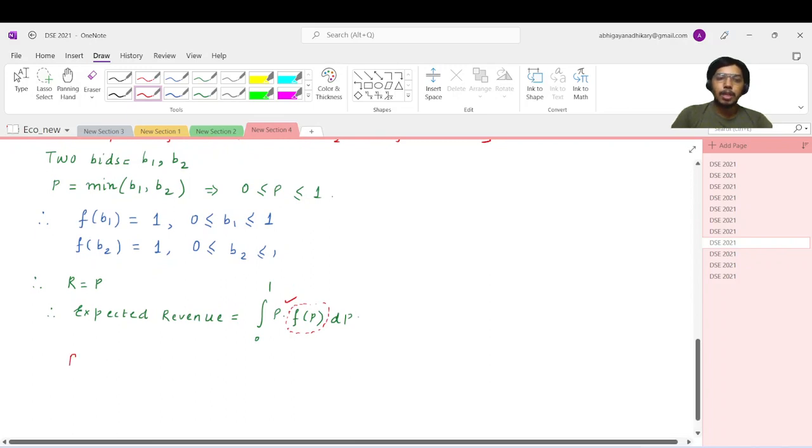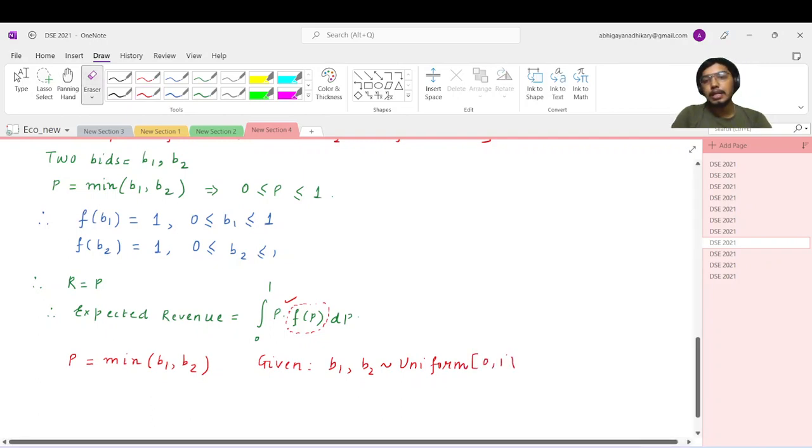So what is P? It is minimum of B1 comma B2, and it is given that both B1 and B2 follow uniform 0 comma 1 independently. This is a very crucial information.